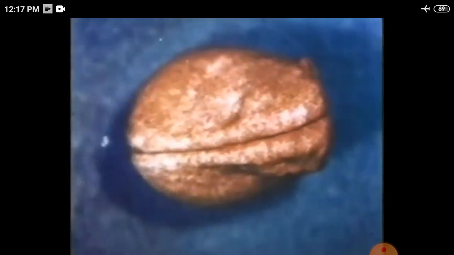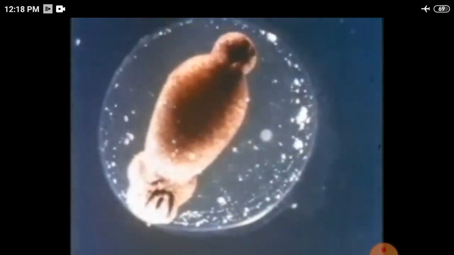Folds develop and fuse to form the spinal cord and brain. Eventually, the embryos hatch as free-swimming tadpoles, or larvae.